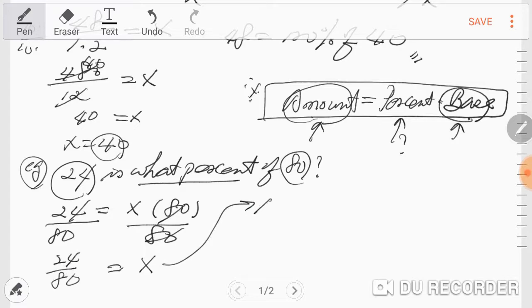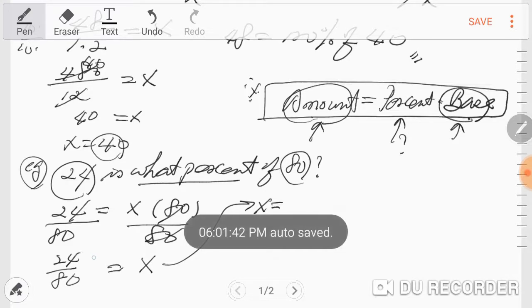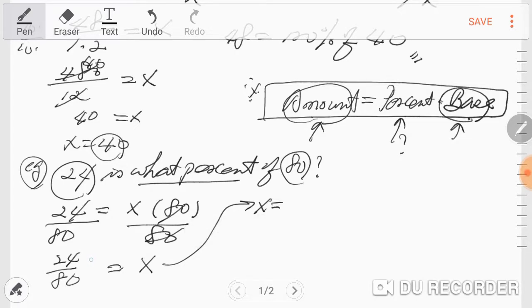Then x is equal to 24 over 80. This is divisible by 8. 24 divided by 8 is 3, and 80 divided by 8 is 10.